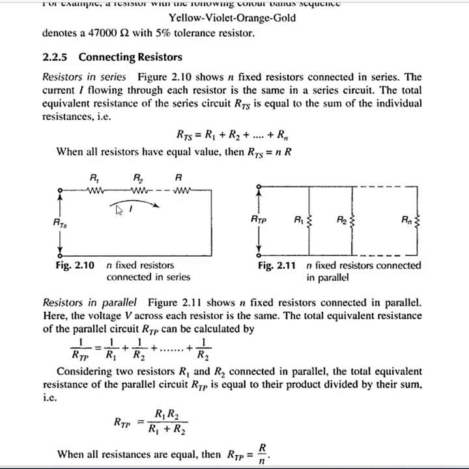The total equivalent resistance of the series circuit RTS is equal to the sum of the individual resistances: RTS equals R1 plus R2 plus up to Rn. When all resistors have equal value, then RTS is equal to N times R.